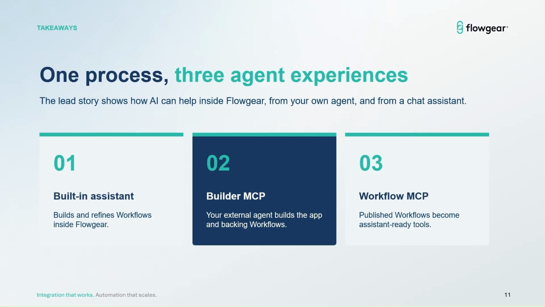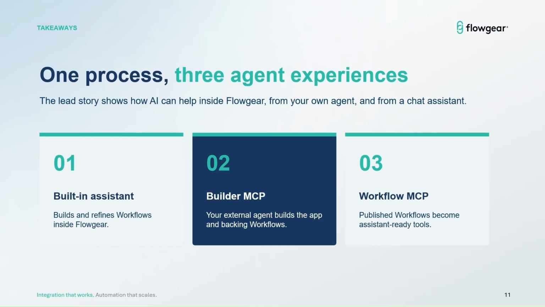Now, let's tie the whole story together. We used one case study throughout: Salesforce leads becoming OneDrive handoff briefs. We started by using the built-in assistant to create that workflow, and then improve it with the missing per-lead status tracking.